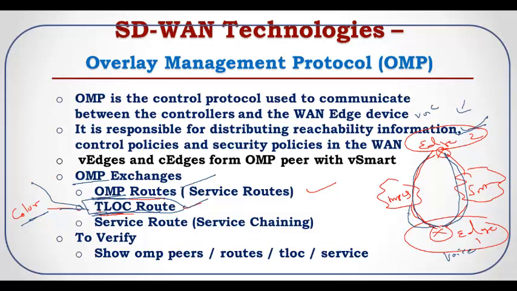That is also carried in this TLOC. Service chaining is, while you go via the MPLS tunnel, you have to go through the ASA firewall. That is what is called service chaining or service route.